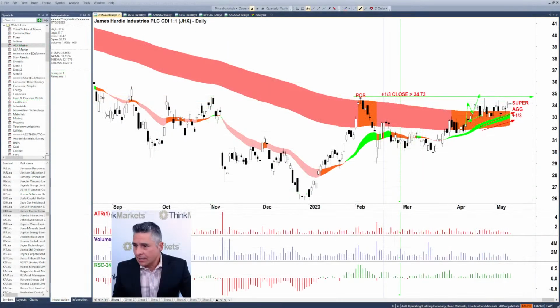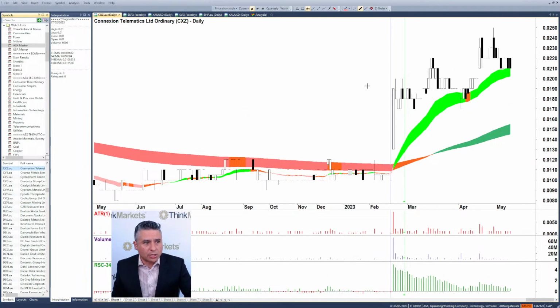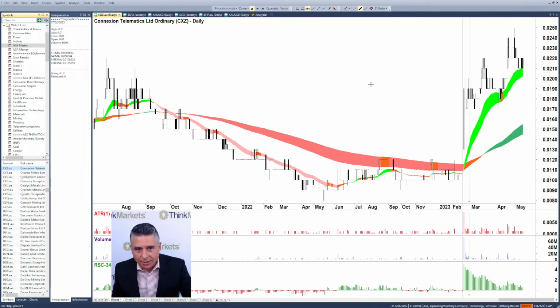Okay, let us head over here. I'm going to do CXZ, and I'm only going to do this very quickly because it's a super, super sketchy chart. Look, the question is, are these black candles coming in here enough to get you out? I think there's enough for me, after the run it's had, to go minus 1/3 as a precaution.